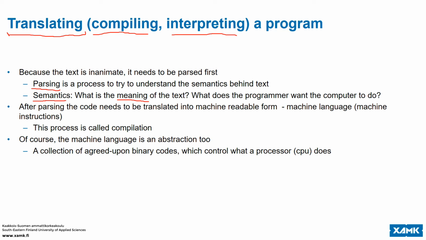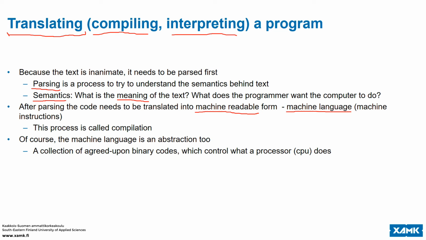After parsing, the code needs to be translated into something that the CPU can read. This is usually called machine readable code, or machine code, or machine language, or machine instructions. And this process is called compilation. What is important to understand here is that machine language is an abstraction tool.